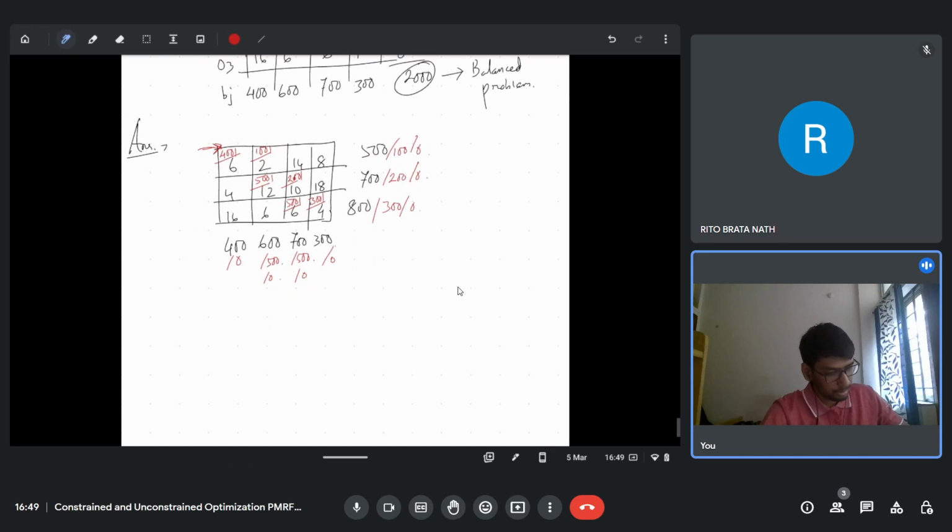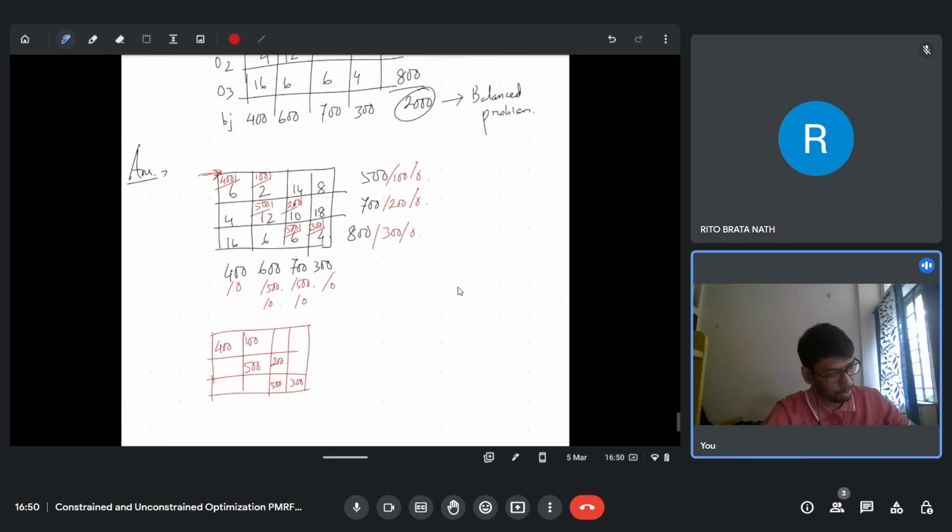So the allocations will look like 400, 100, 500, 200, 500 and 300. And let's find out the cost.